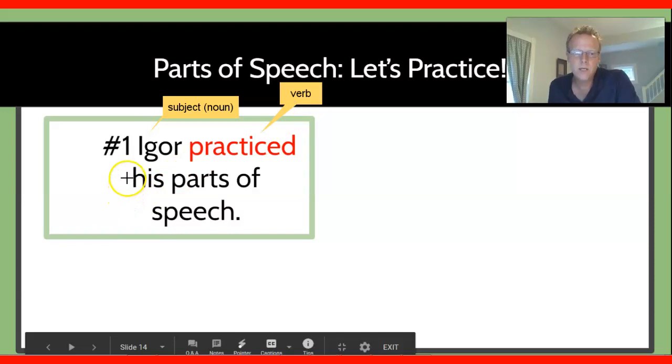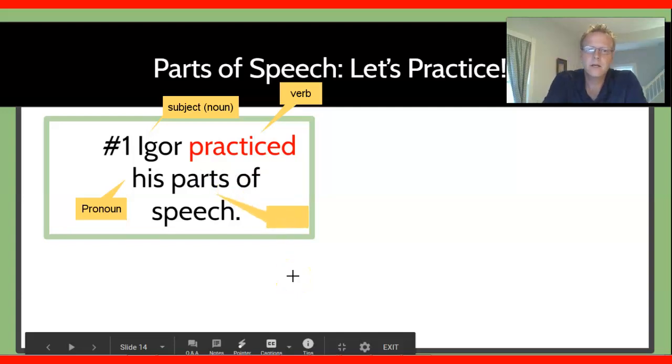Do you know what his would be? We talked about that. It's referring to Igor. So it refers to a noun or replaces a noun. It would be a pronoun. Parts would be a noun. You know, the clue here is his is a possessive adjective. Possessive adjectives are pronouns that show ownership or describe a noun. These are clues of speech. Guess what?